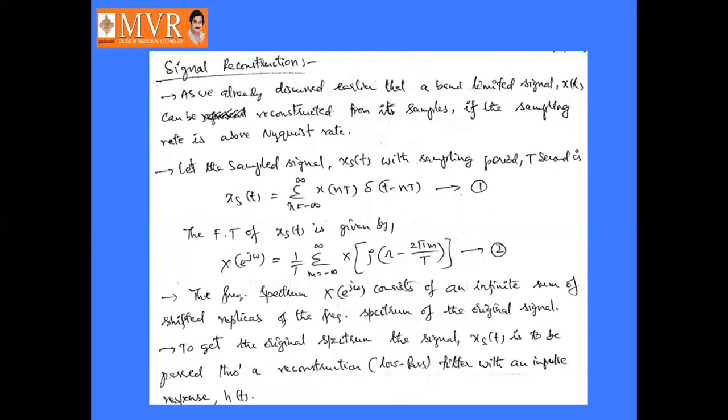That is equation 2. The spectrum consists of an infinite sum of shifted replicas of the spectrum of the original signal. To get the original spectrum, xs(t) is passed through a reconstruction filter with impulse response h(t), which is also called a low pass filter.